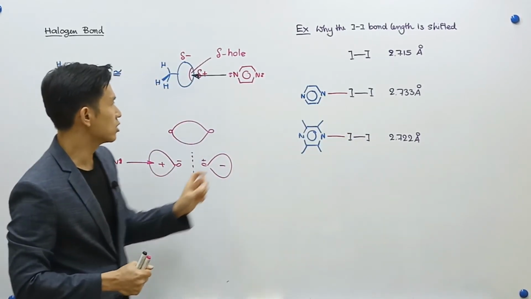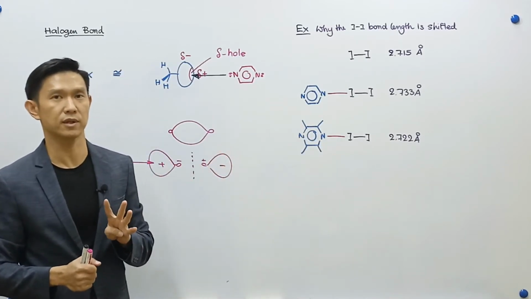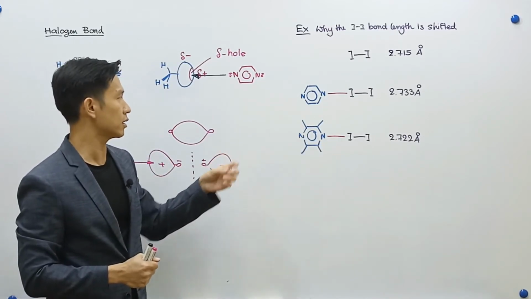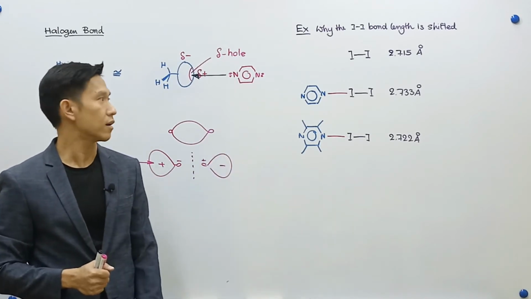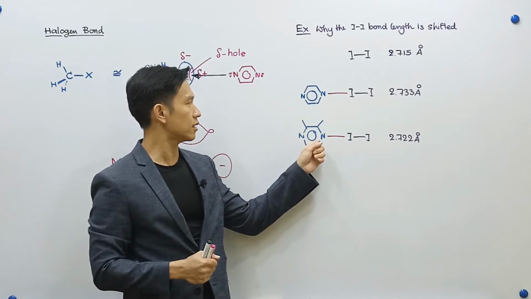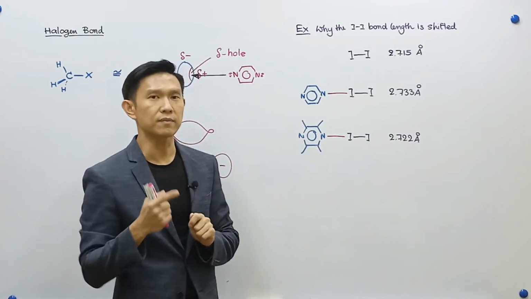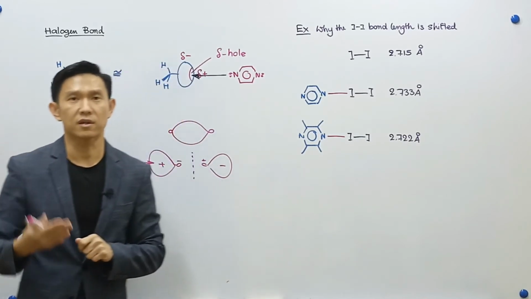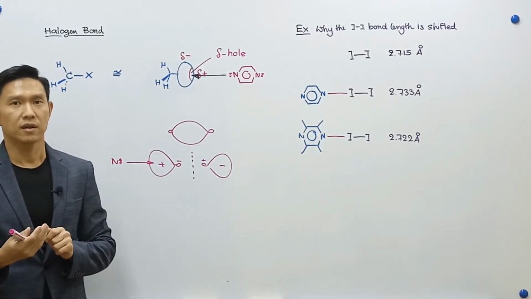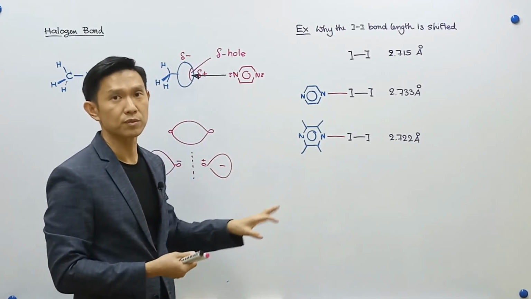But now, when you put four methyl substituents on the benzene ring, on the aromatic ring, you still have the interaction over here. But if you think about the methyl group as the electron donor, that means you're increasing the electron clouds in the molecules.